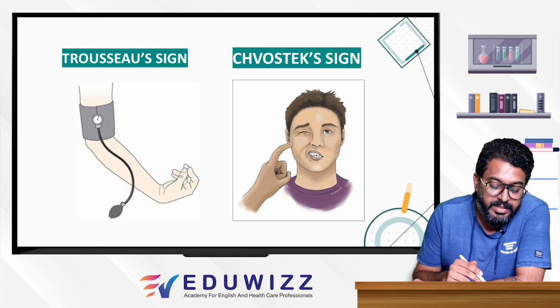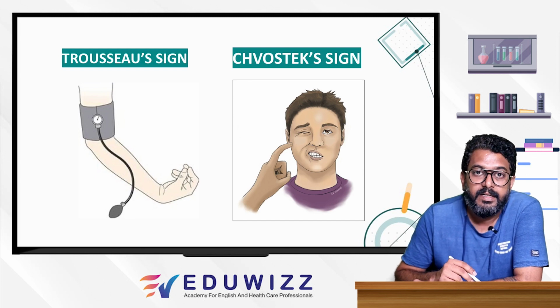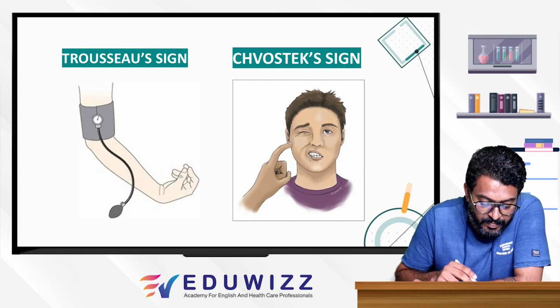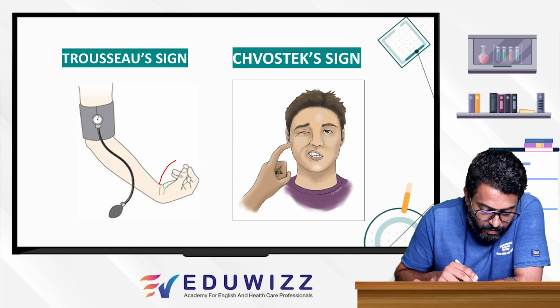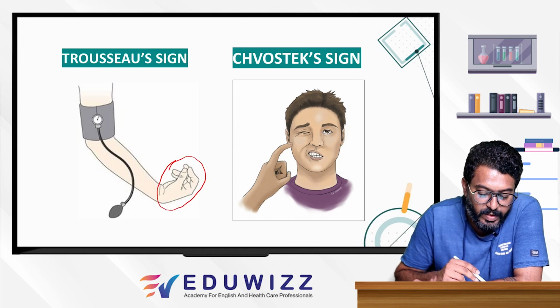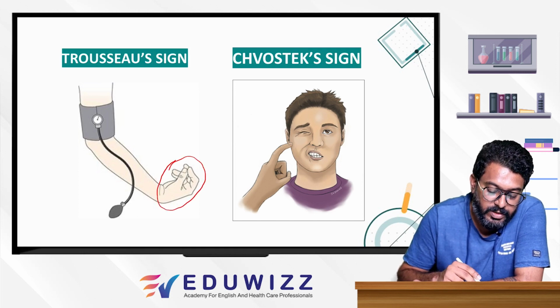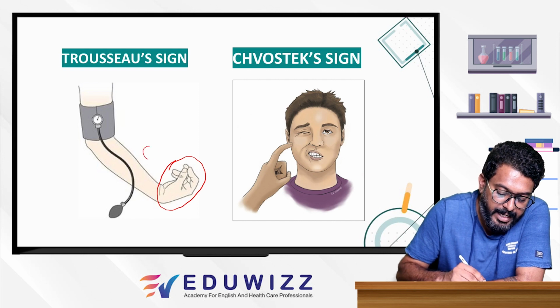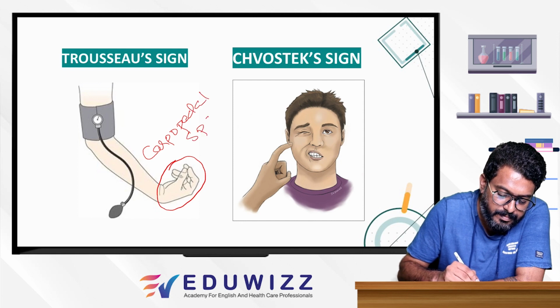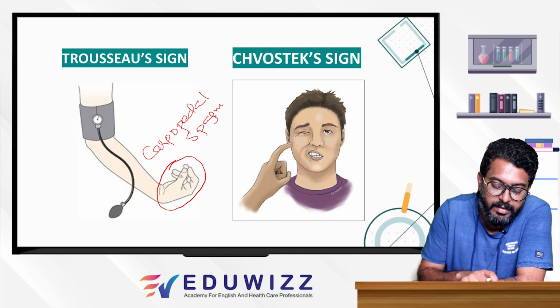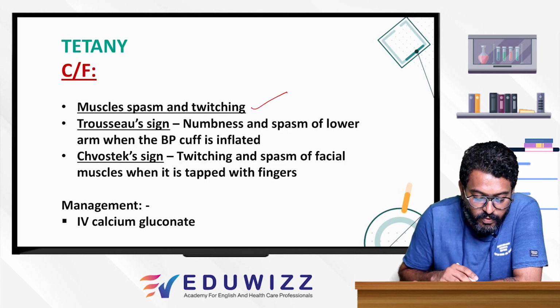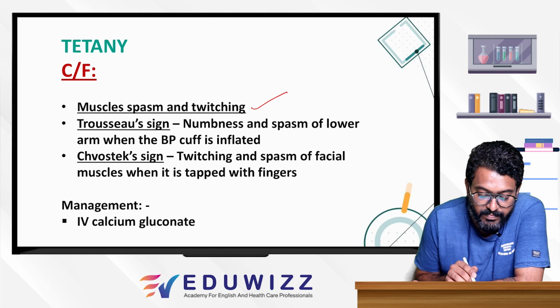This is a picture: when the BP cuff is inflated, because of low level of calcium, there will be twitching of the lower arm. This feature is known as carpopedal spasm. So this is Trousseau's sign, numbness and spasm of the lower arm when the BP cuff is inflated.